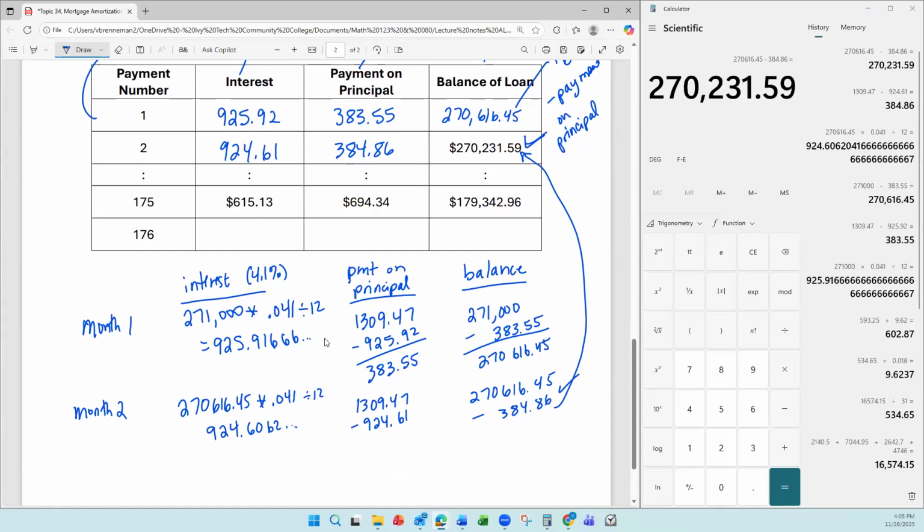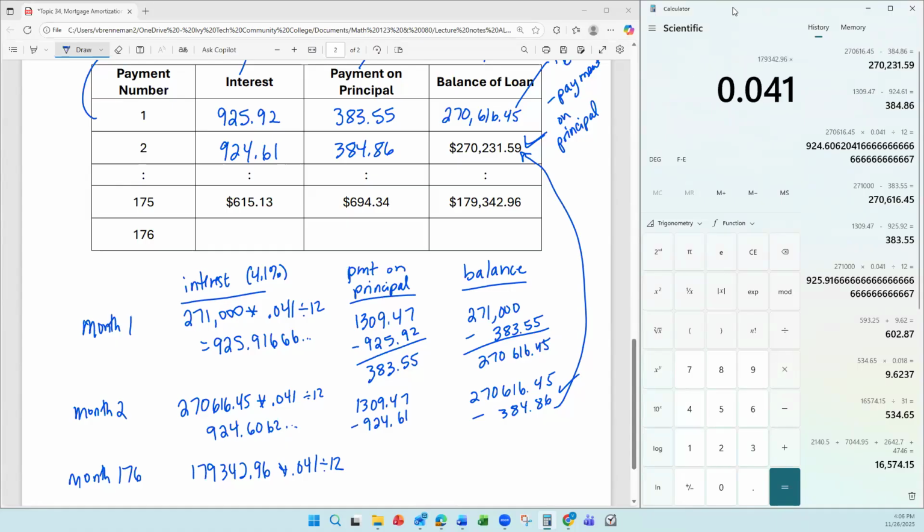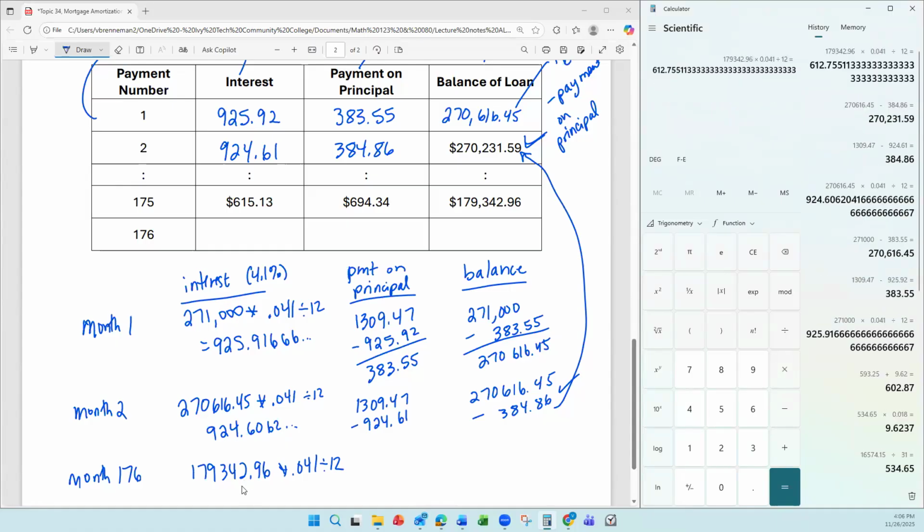Jumping ahead to month 176, they've given us month 175. So we take the previous balance, so that would be the 179,342.96 times 0.041 divided by 12 to get the interest. 612.755 is going to be 612.76.